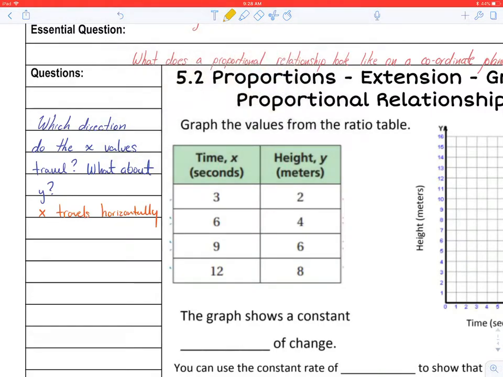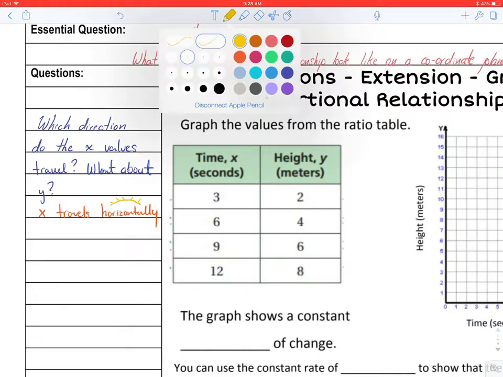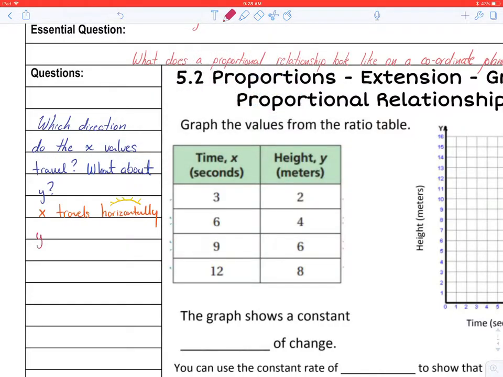As a reminder, the horizon, where the sun comes up from, goes from left to right. So horizontally, you can remember as the horizon, left to right, that's the x values. And the y value travels vertically, which means up and down.